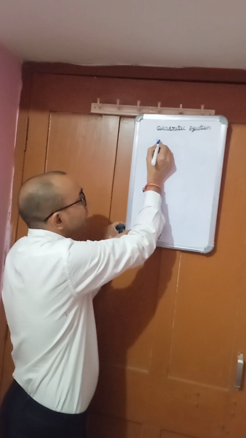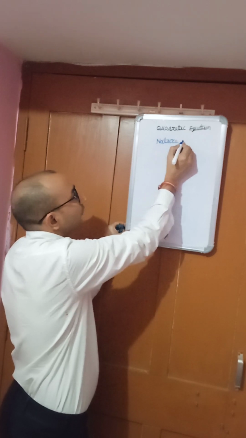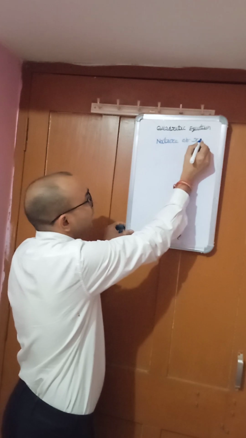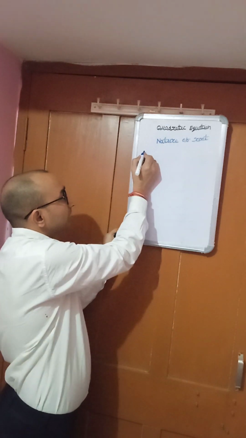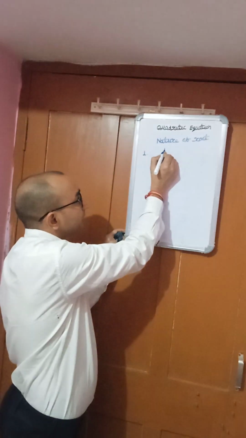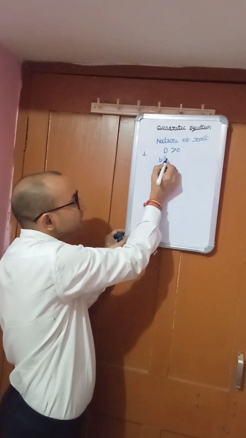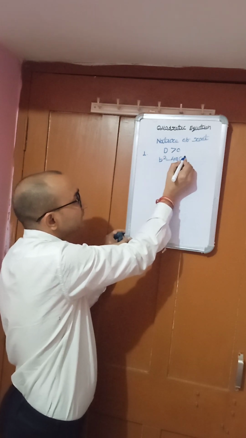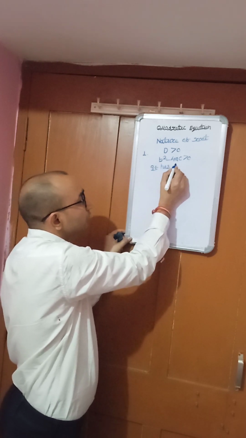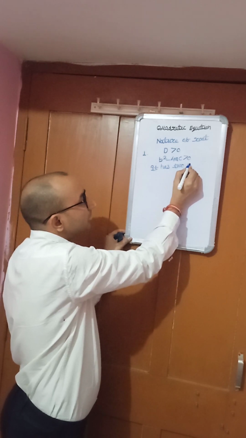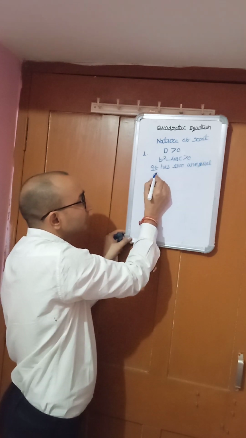Nature of root means, here the first condition is that if D greater than 0, where D means b square minus 4ac, greater than 0, then it has two unequal or distinct roots.